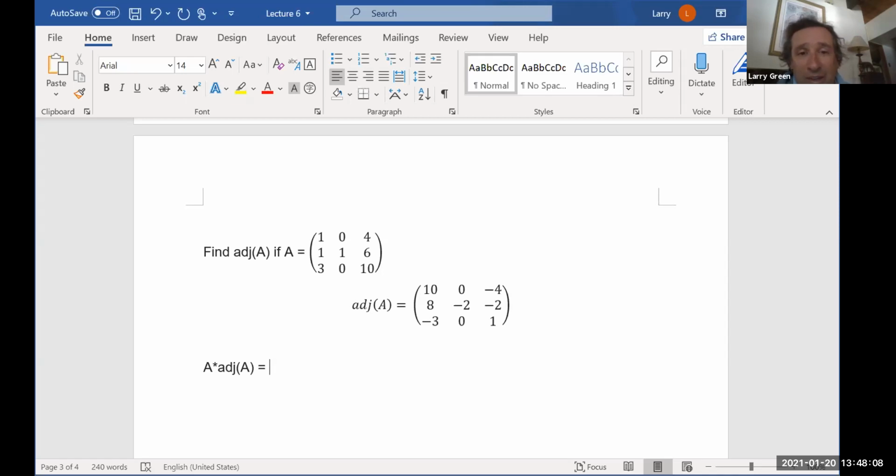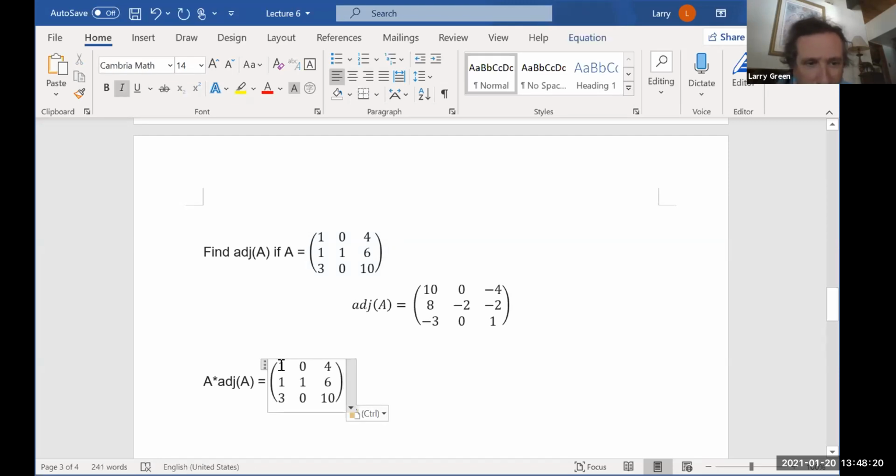Okay, so if you're all able to do it, and you can still do it if you're still working on it. You should get that matrix.